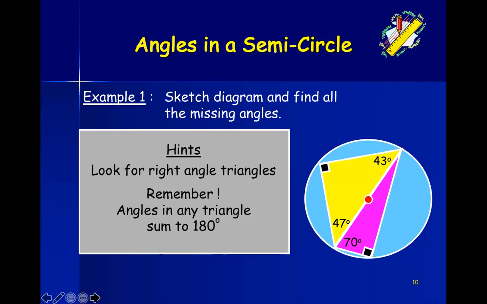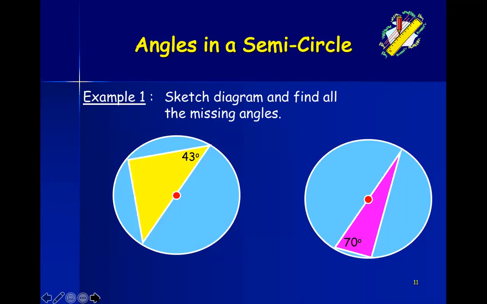Then you take away 90 from your 110. So 180 take away 70 plus 90, it's 20. And it does look like a small angle, because if this is 70, this is tiny. Does make sense. Okay, so that's how you would find these.